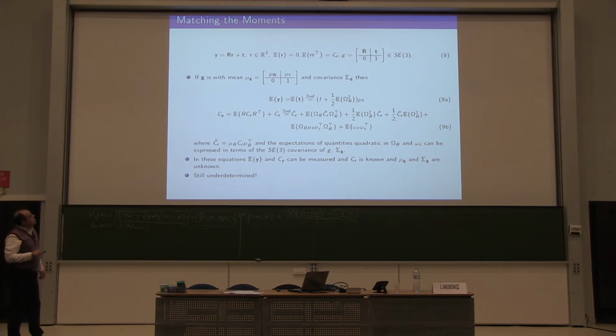Now, if you do this, you will get something like this that relates the expectation of y to mu g, for example, the mu t here is the translation component of mu g. The expectation of omega r is related to the SE3 covariance that I talked about. And the same thing, the covariance of y, you can write it in terms of the covariance of G and the covariance of R.